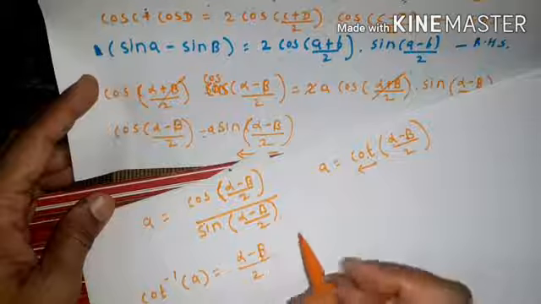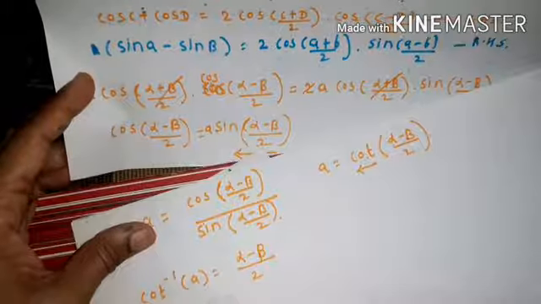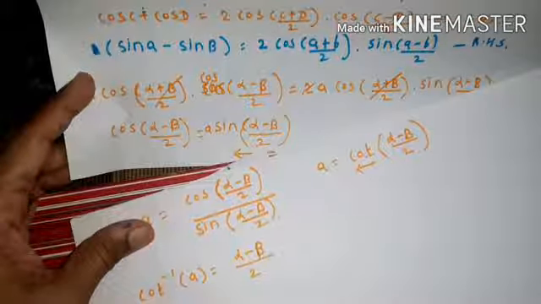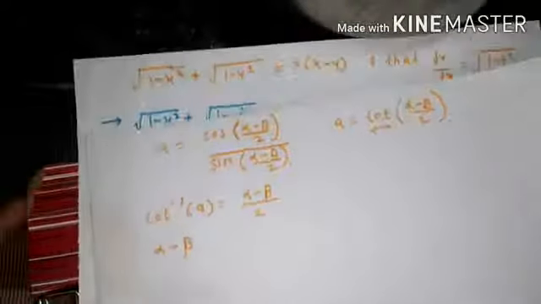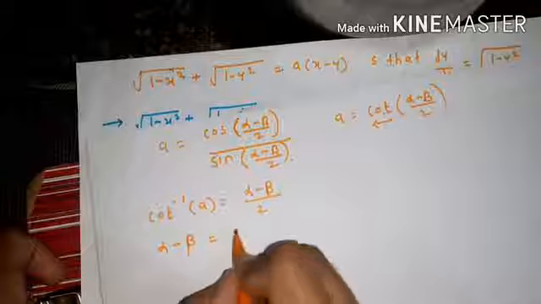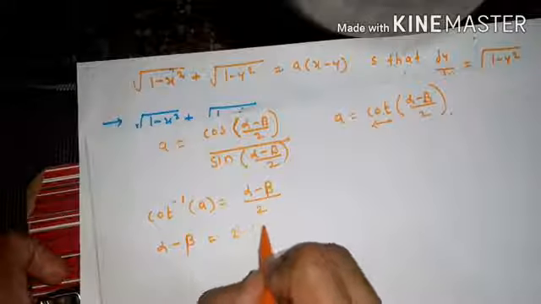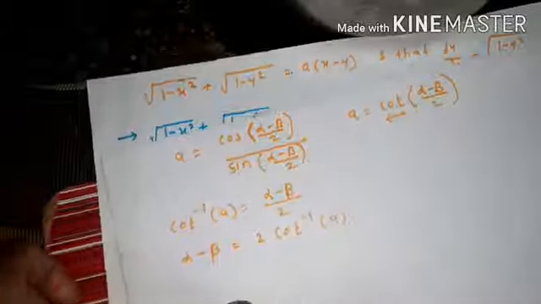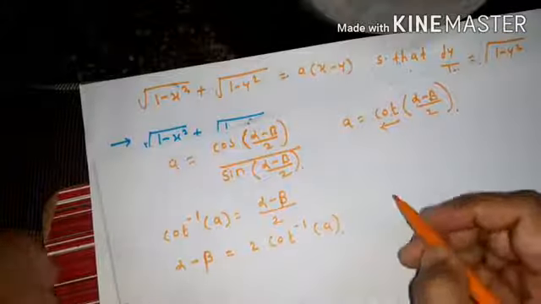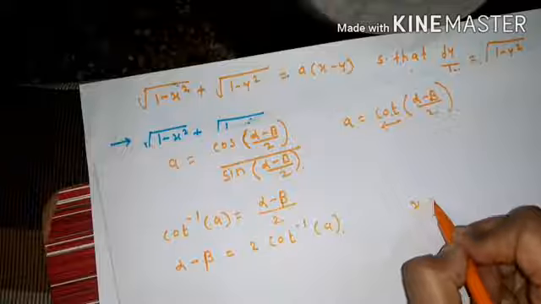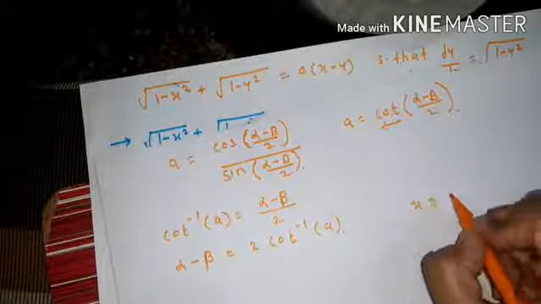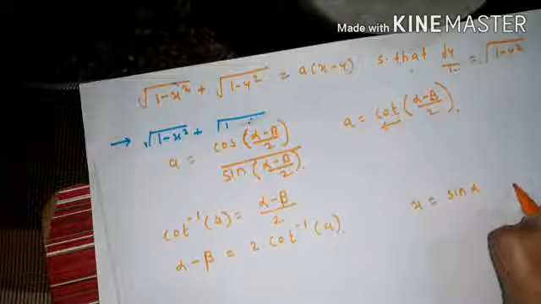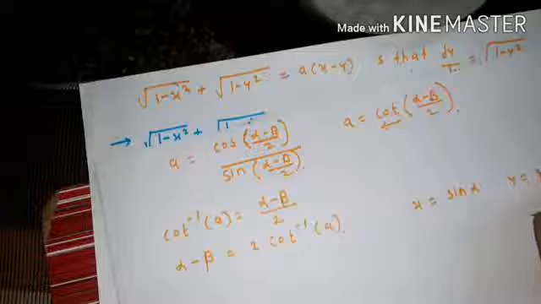And now alpha minus beta equal to 2 into cot inverse of a. So what is the value of alpha? We have x equal to sine alpha and y equal to sine beta.